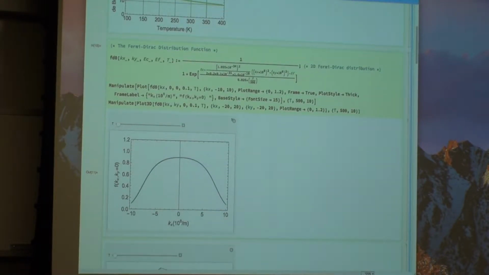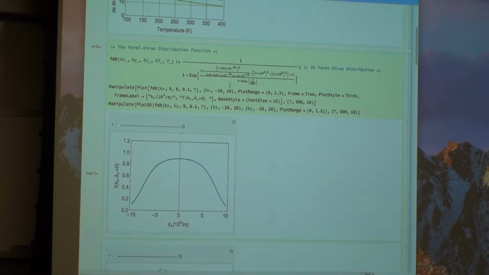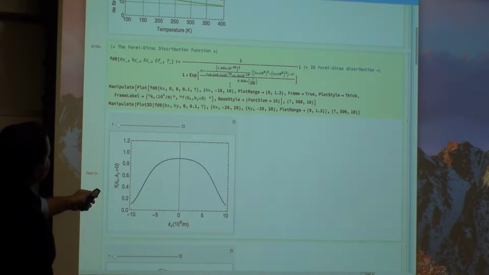Now, the Fermi-Dirac distribution obviously has everything in it, effective mass and all that are buried inside, because the total energy is conduction band energy plus the potential energy.